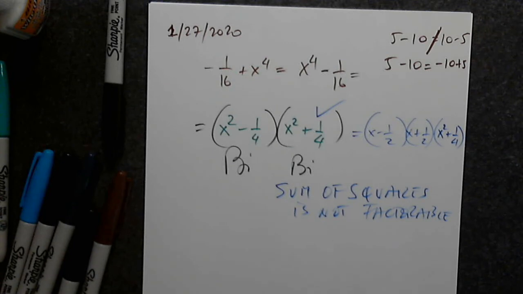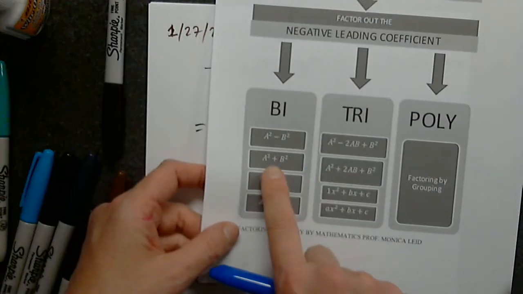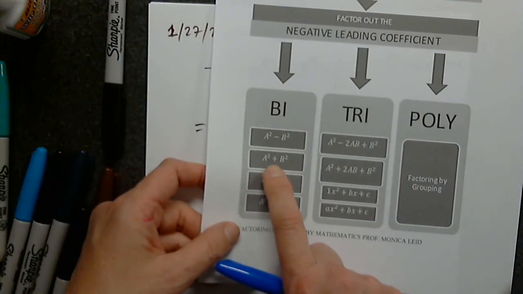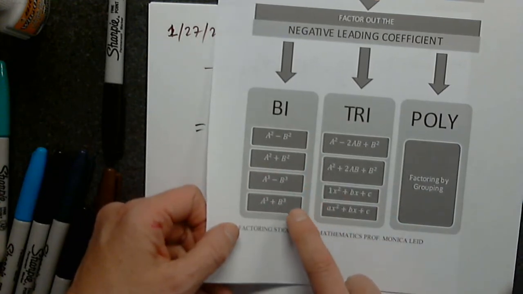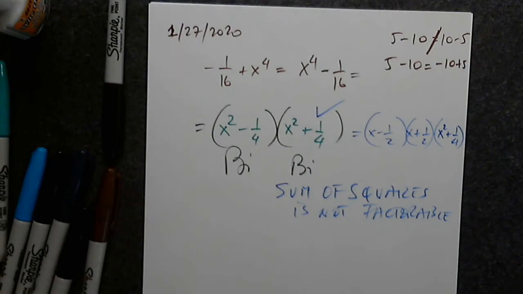It is, but not using integers. So this was the sum of squares. The sum of squares is not factorable. The difference of squares is, the difference of cubes is, the sum of cubes is. Good. Okay, moving on. Other questions?